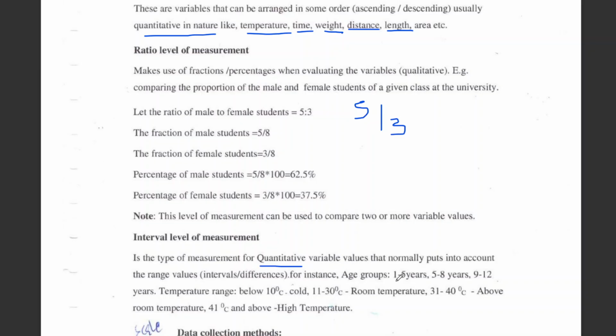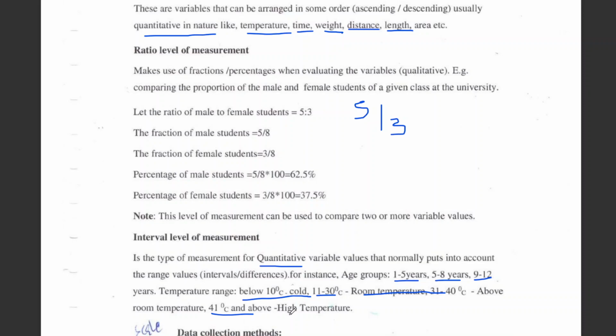For instance, age group 1 to 5, 5 to 9, 9 to 12, or temperatures below 10 degrees, or above 40. So in interval level of measurement, the key point to get here is that they are quantitative, they can be measured, but it normally takes into account ranges.